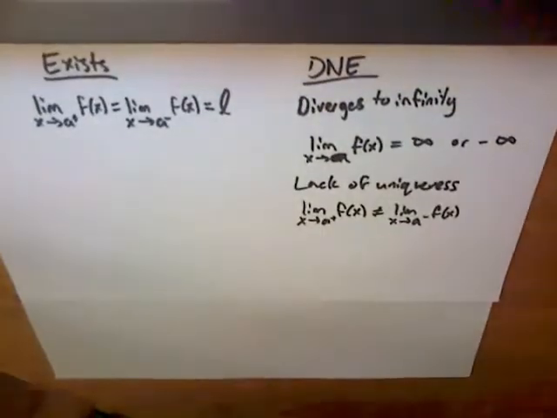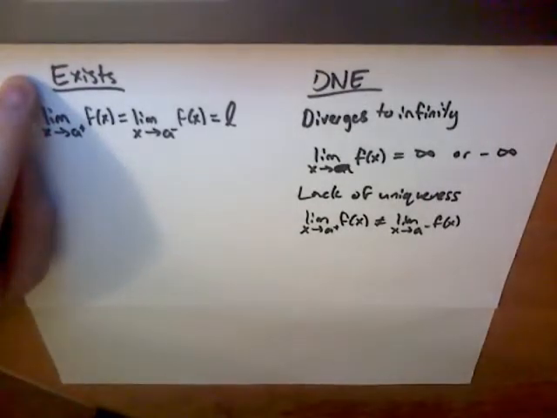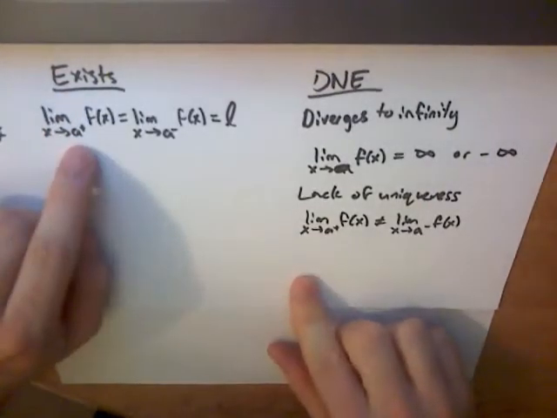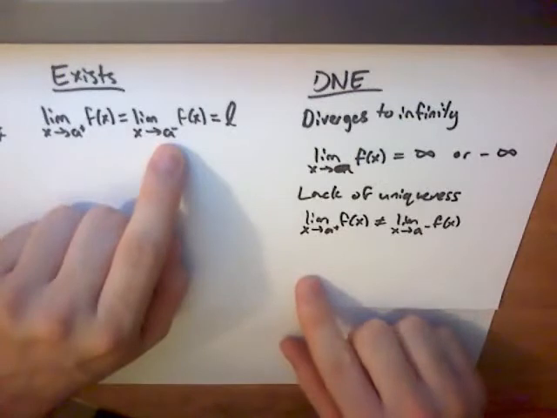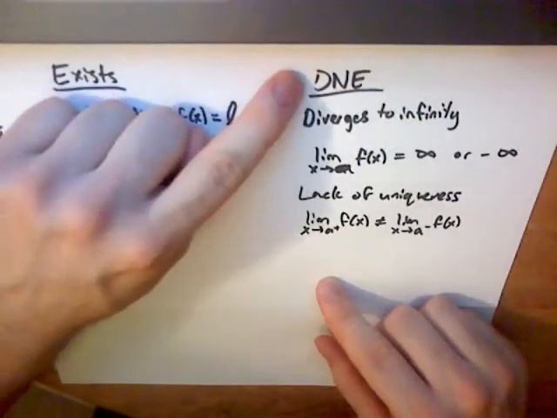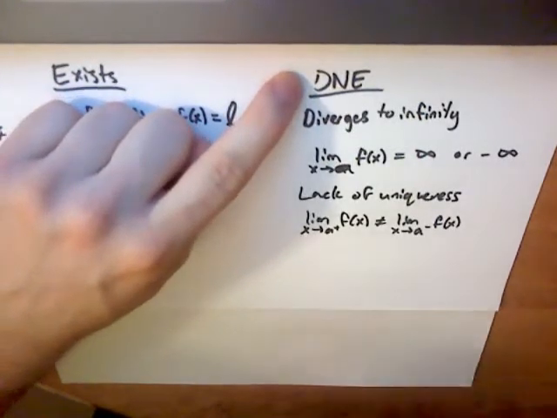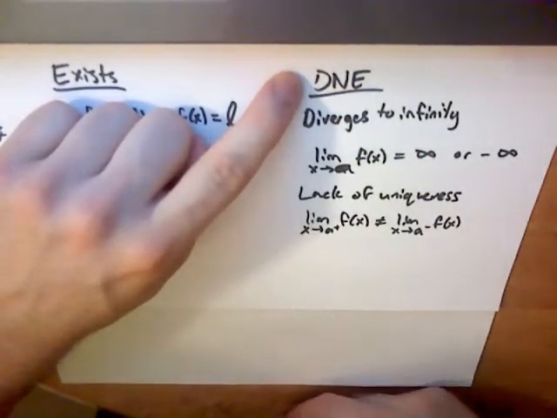You're more than likely going to be asked a question along the lines of, does this limit exist? And a limit is said to exist if the right-hand limit and the left-hand limit both equal the same real number. If the limit does not exist, there's two cases, and you should always give as much information as you can.